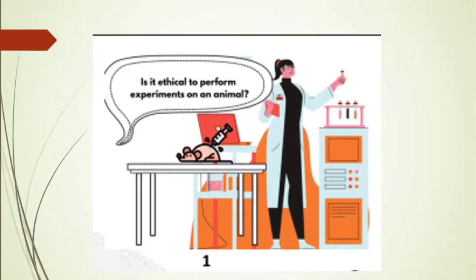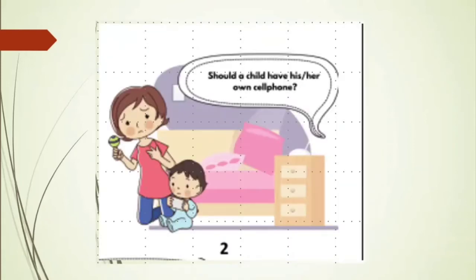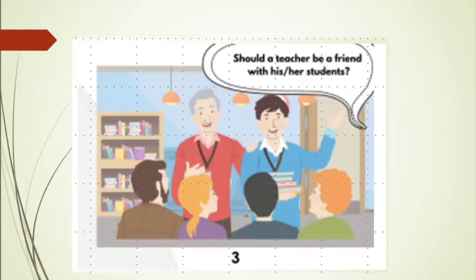So you're going to clarify your issues by asking your questions. For picture number 2, it asks if a child should have his or her own cell phone. And for the last picture, should a teacher be a friend with his or her students? You can raise your questions to clarify your issues about the given pictures.